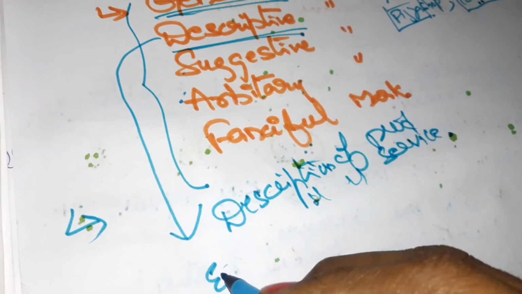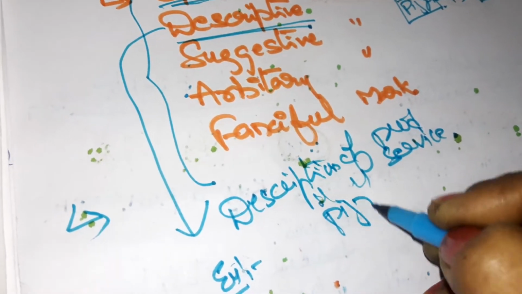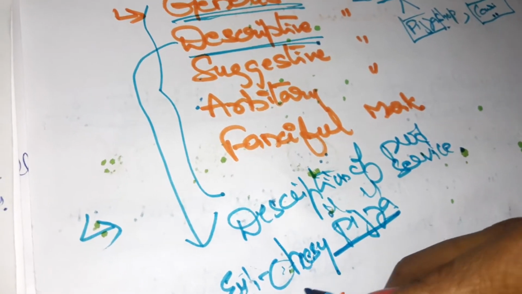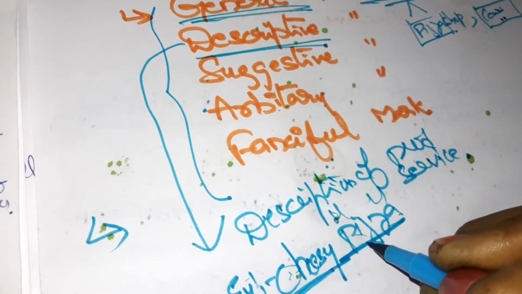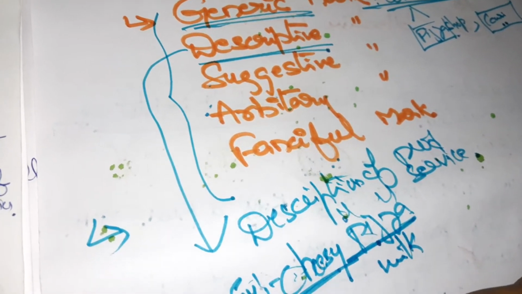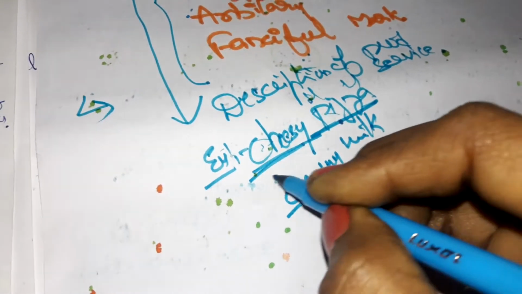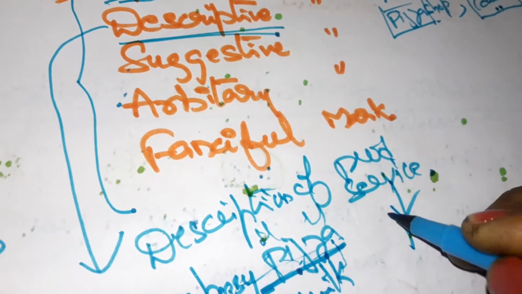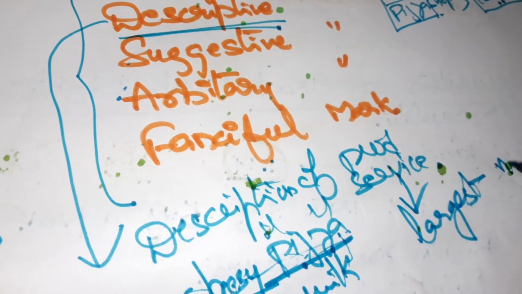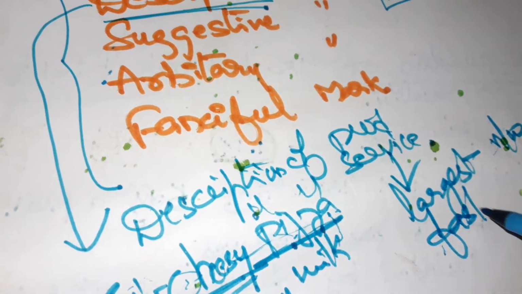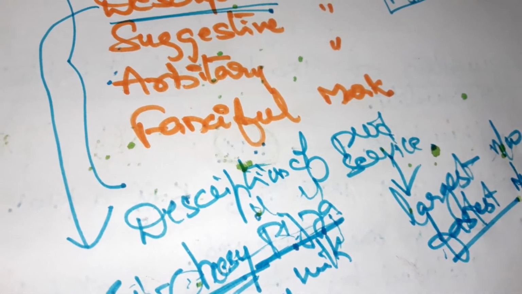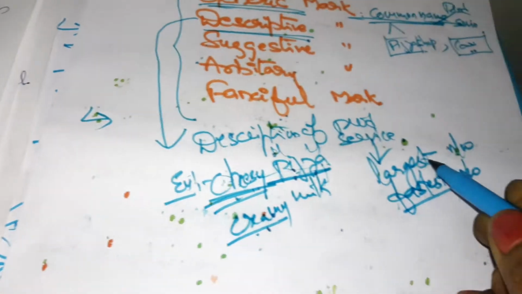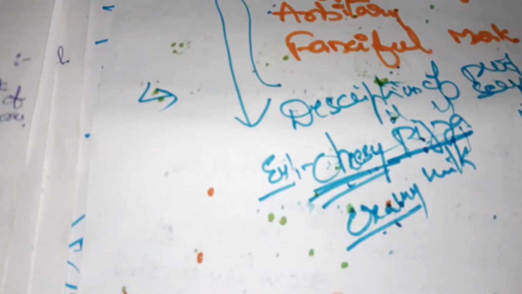For example, for pizza, you can mention the descriptive word cheesy pizza. For milk, creamy milk, these are descriptions of these products. For services, you can say largest network, or fastest service or fastest network, and so on. So these give the description about the product or services. This is nothing but a descriptive mark.